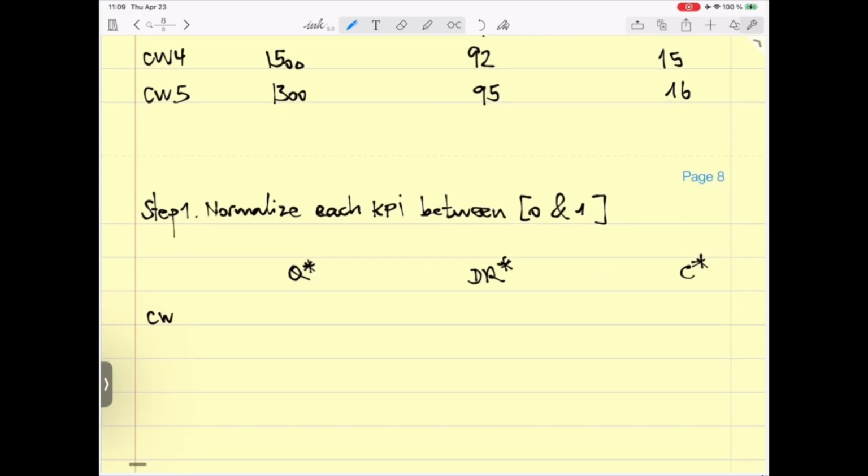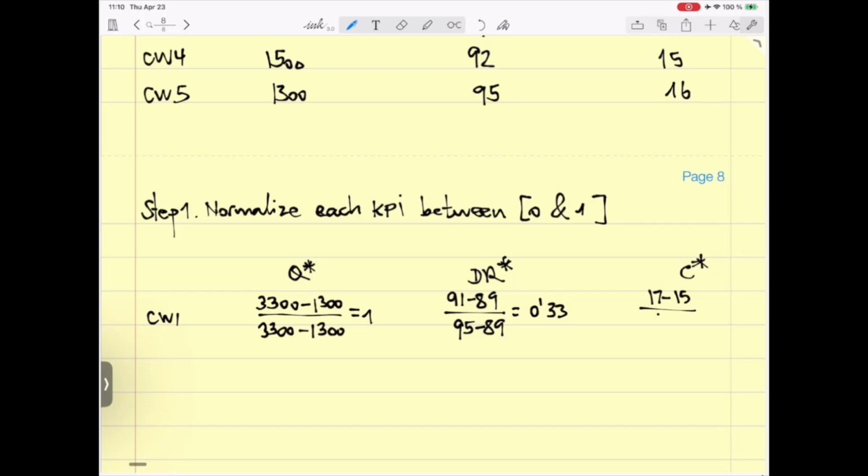I do the first one: 300 minus the minimum divided by 300 minus the minimum equals 1. 91 minus 89 divided by 95 minus 89, 0.33. And 17 minus 15 divided by 18 minus 15 equals 0.66. Okay, and for the rest it is exactly the same.